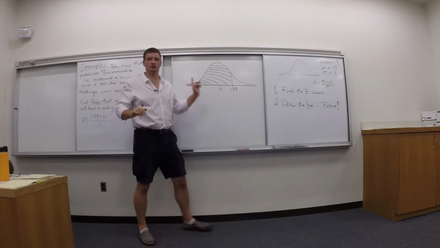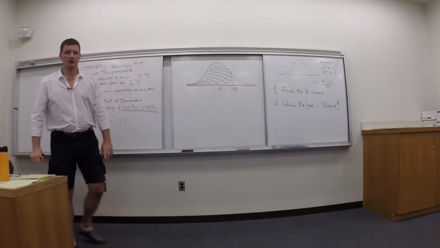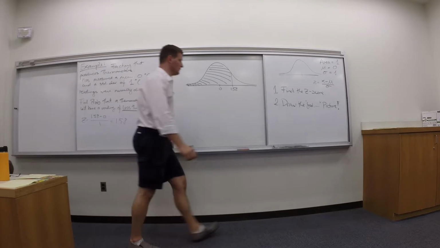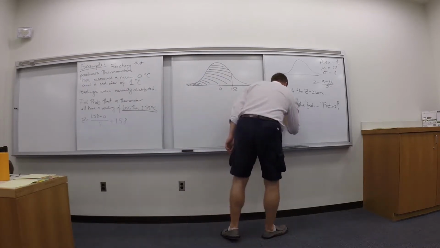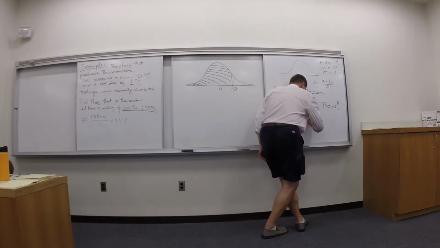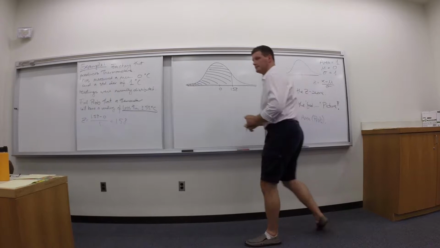Mind you, this goes to negative infinity one way and to positive infinity the other way. So we're interested in this. Okay, and then step 3, we find the area, which is probability.